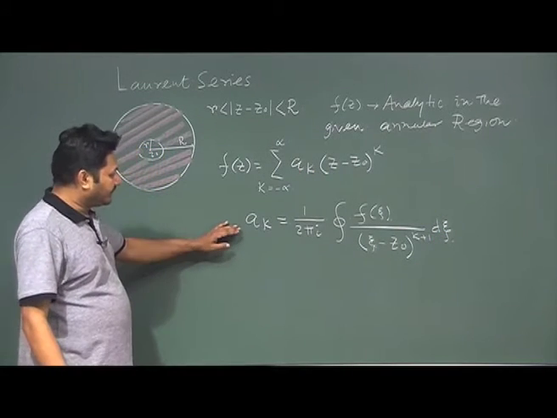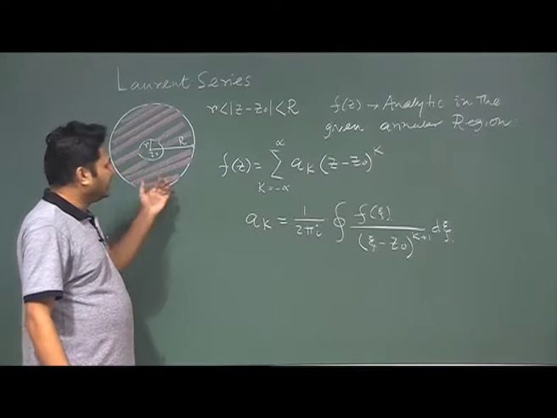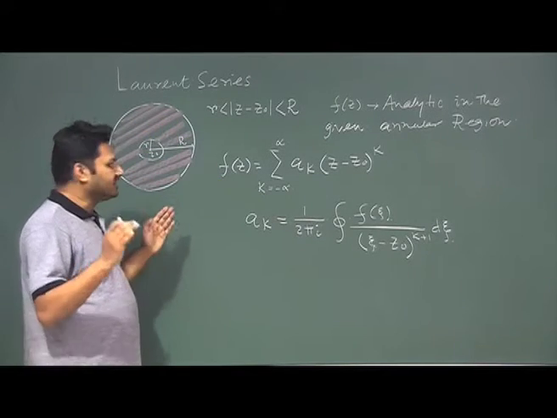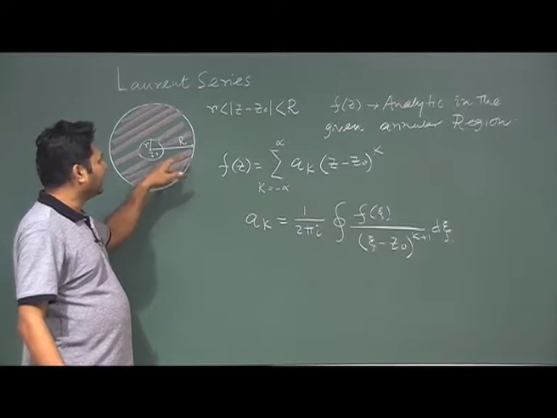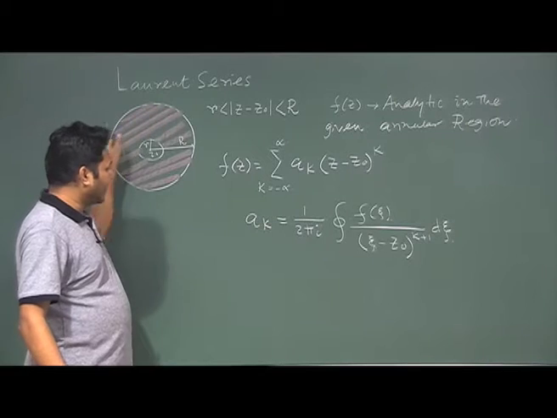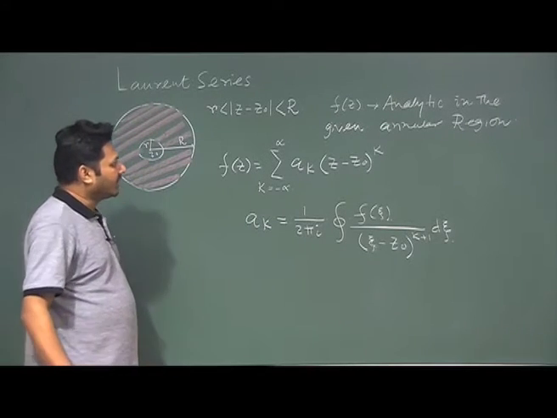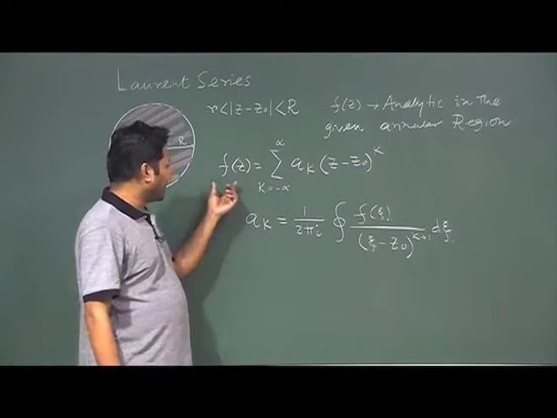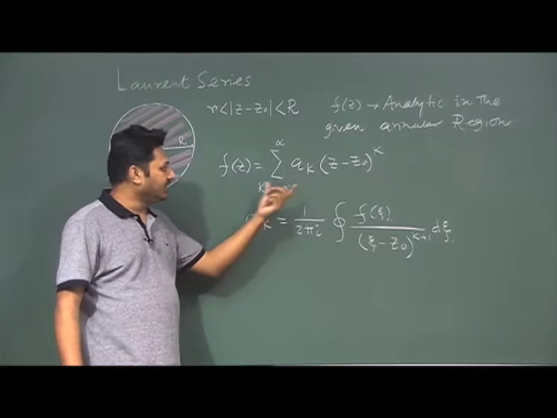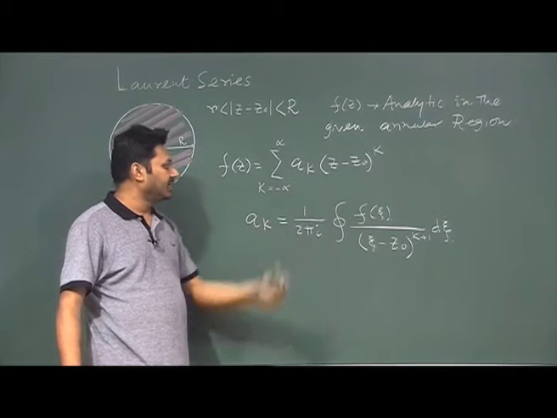This is the definition. So, the definition suggests that if the function is analytic in a bounded region like this, small r here and big R here, where z minus z0 lies in the annular region shaded by this red portion, then I can write this function as essentially a power series.